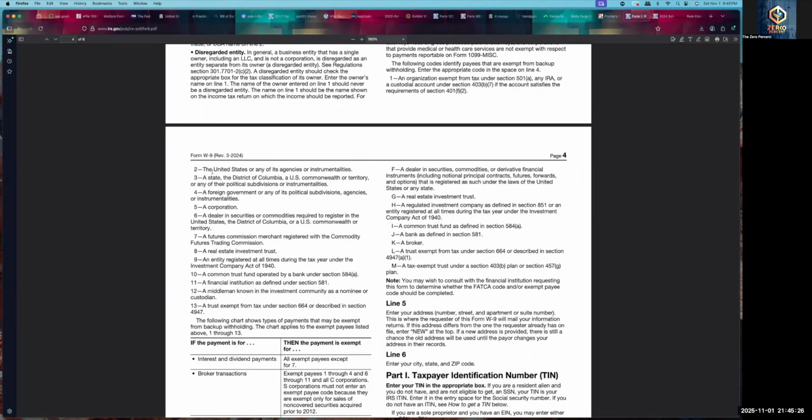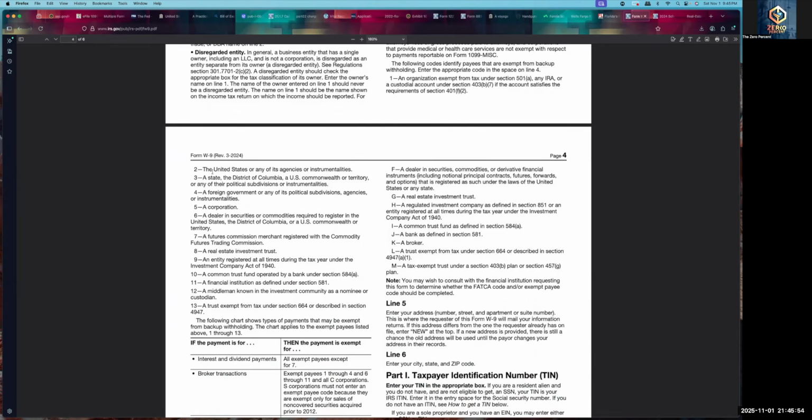Number 10, a common trust fund operated by a bank under Section 584(a). Number 11, a financial institution as defined under Section 581. Number 12, a middleman known in the investment community as a nominee or custodian. 13, the last one.